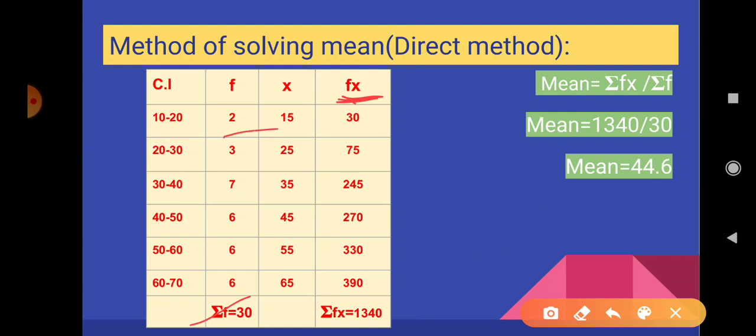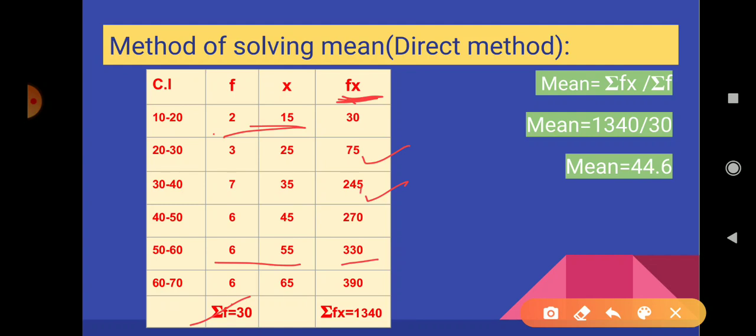So multiply these two: 2 15s are 30, 25 3s are 75, 35 7s are 245. Please check it when you are doing, don't copy as it is. 45 6s are 270, 55 6s are 330, 65 6s are 390.